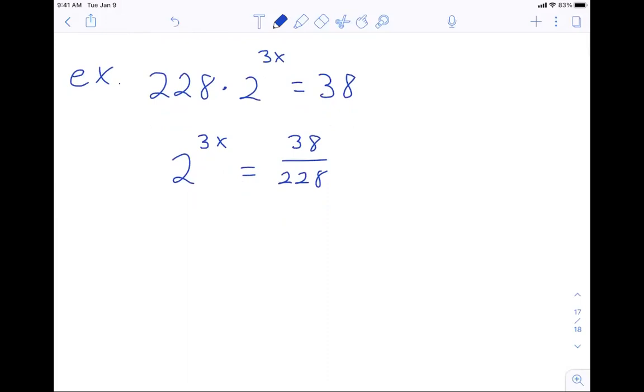So now when I've got this part by itself, I'm going to convert it into log form. So remember, this becomes our base on the other side. So I get 3x is equal to log base 2 of 38 over 228.